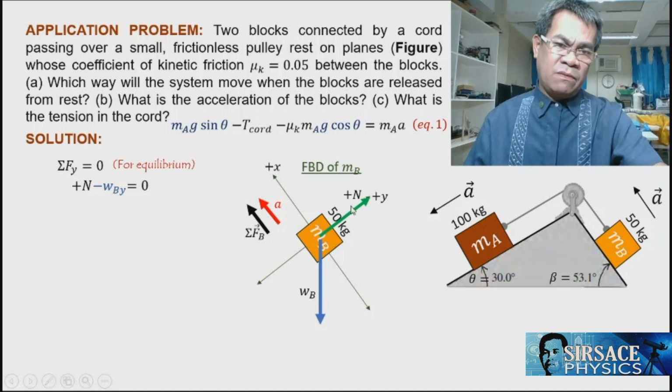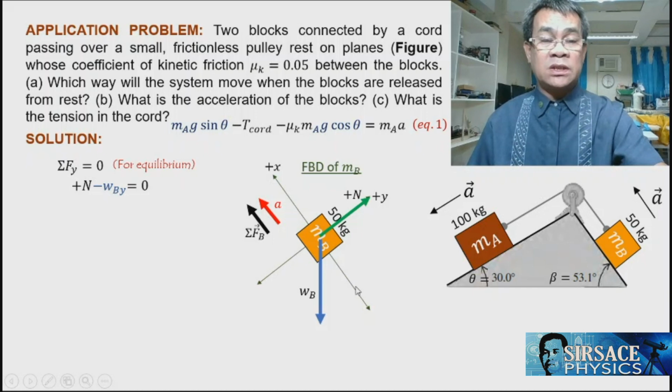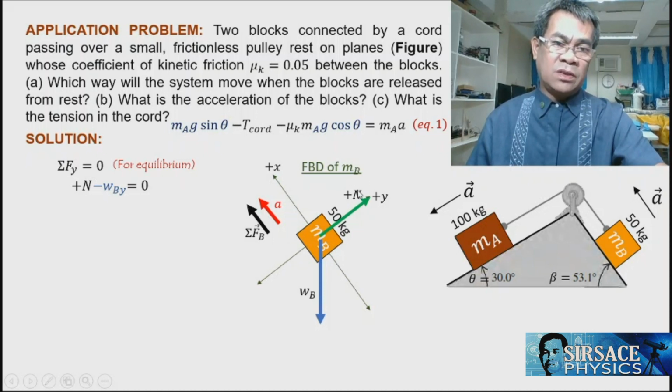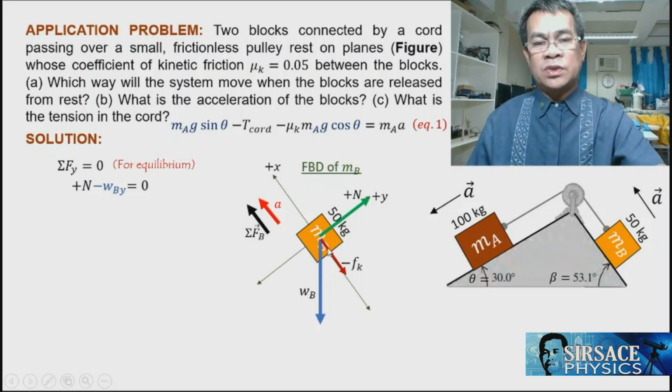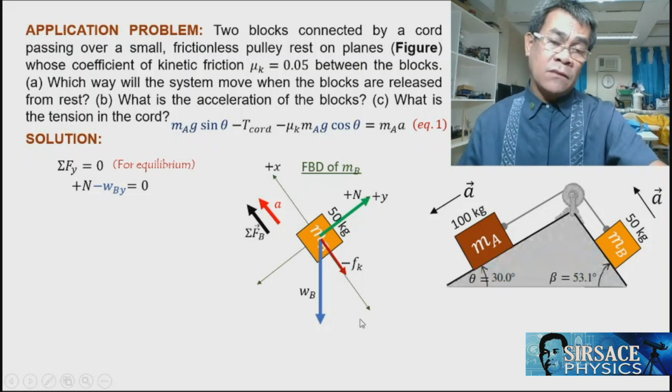Since we have this normal force, then there should be friction, because friction is the force in contact. And the normal happens only when there is contact. So whenever there's contact, there's normal, and there is always friction. Friction will be directed downward. Why? Because we say that this object will move upward, so friction should be in the opposite direction.